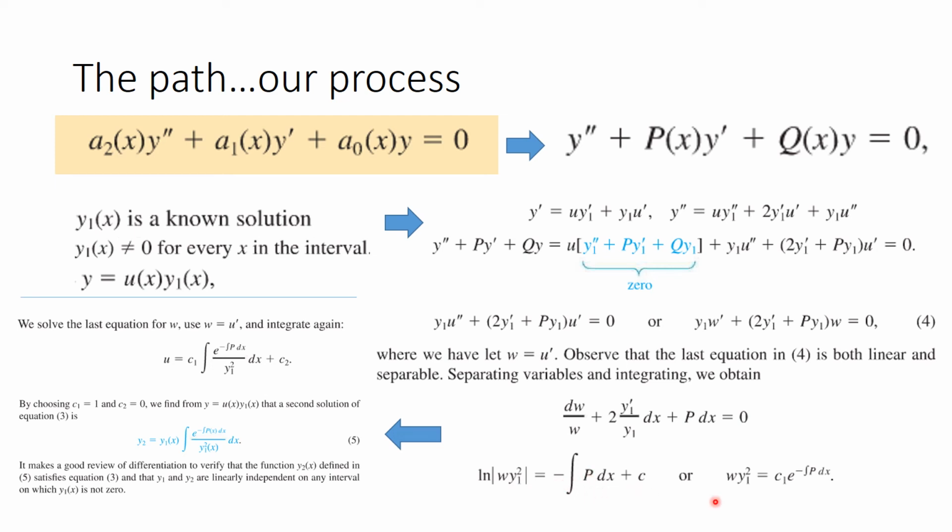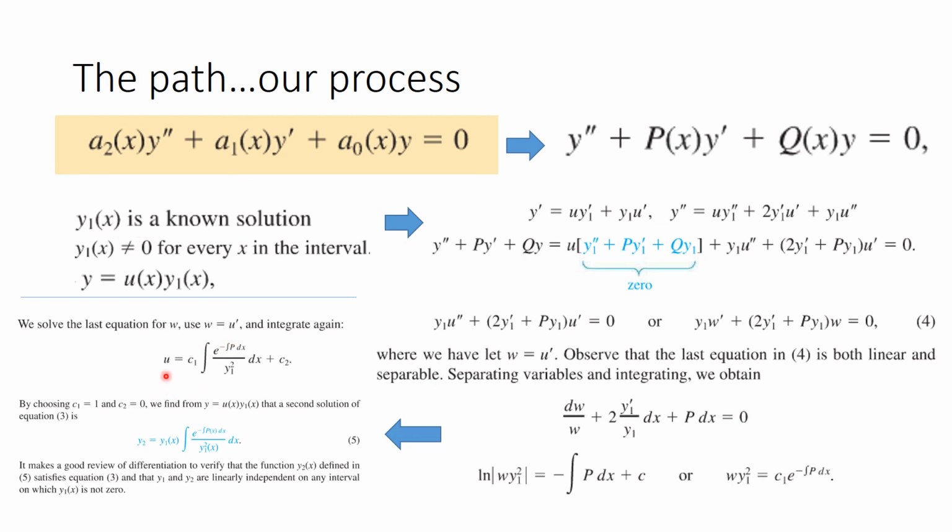We exponentiate both sides, and we have that w times y1 whole squared is equal to c1 e to the integral of minus p dx, and then I can divide by y1 squared. That's where I'm using the fact that y1 is not equal to 0, and so I've solved for w.